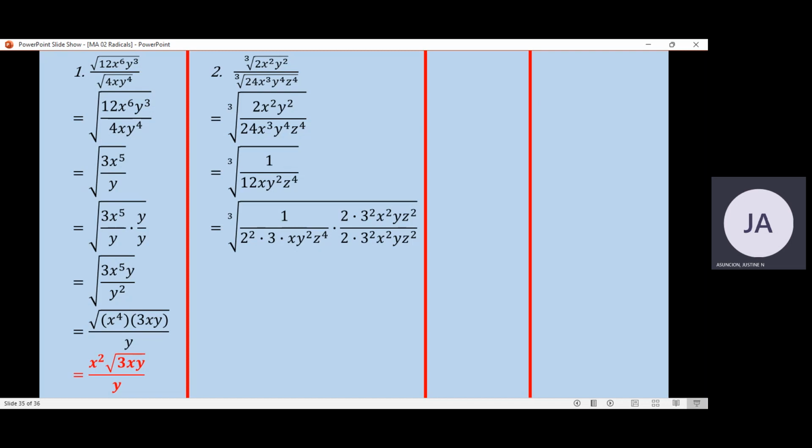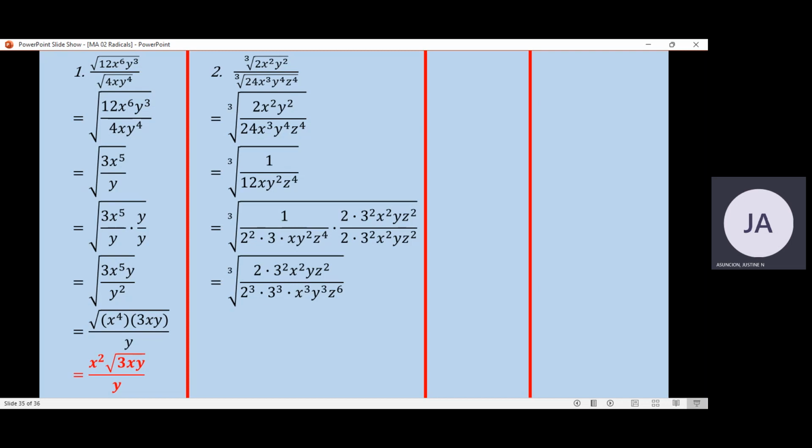So again, we have a radical in our denominator, so we multiply the expression so that our denominator will be a perfect root. Here in this case, we multiply it by 2 times 3 squared x squared y z squared. Okay, so that our denominator is a perfect root. Simplifying that, we'll have the cube root of 2 times 3 squared x squared y z squared all over 2 cubed times 3 cubed times x cubed times y cubed times z raised to 6.